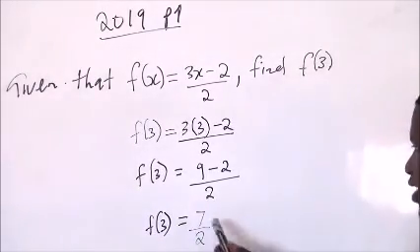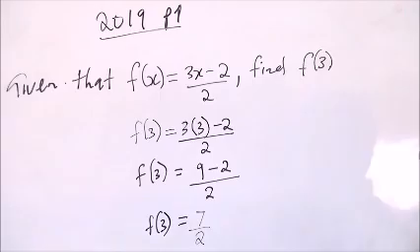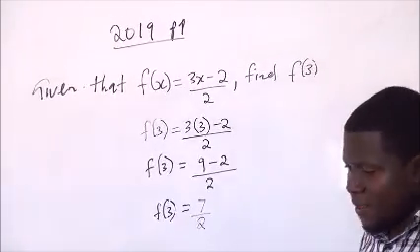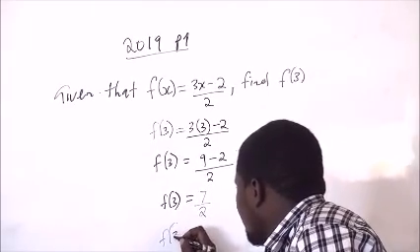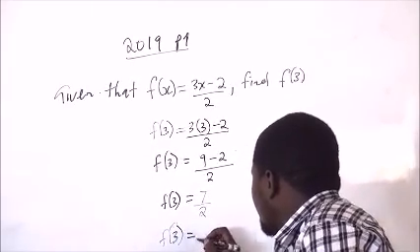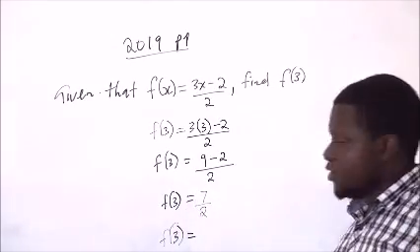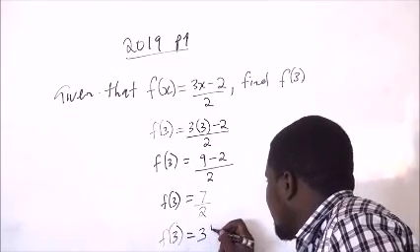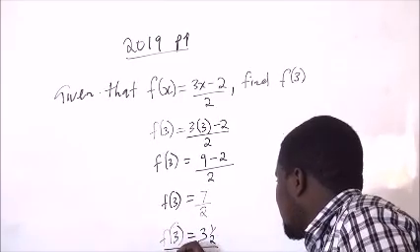Here, we don't have to leave the answer like this, as an improper fraction. All the time, try by all means to express your answer as a mixed fraction. So we're simply going to say that the final answer f of 3 will be equal to, how many times can 2 go into 7? The result is going to be 3 and a half, or 3.5. So this is the answer.